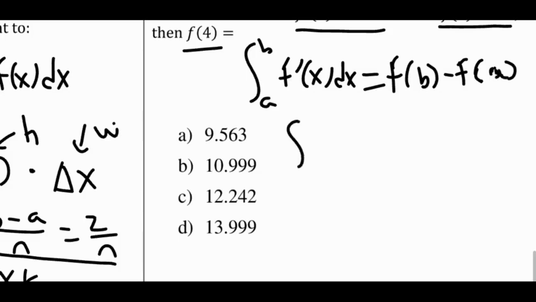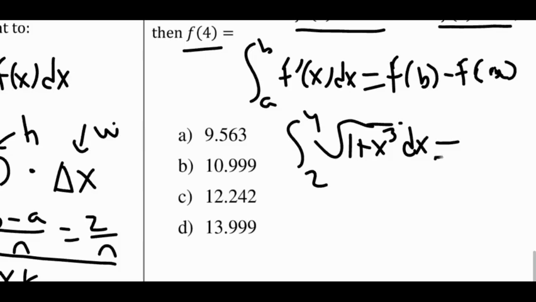So now just plugging in, I'm going to set a equal to 2 as the lower bound, 4 equals the upper bound. My derivative equals 1 plus x cubed. And I'm going to set this equal to f of 4, which we are solving for, minus f of 2, which is 1.5.